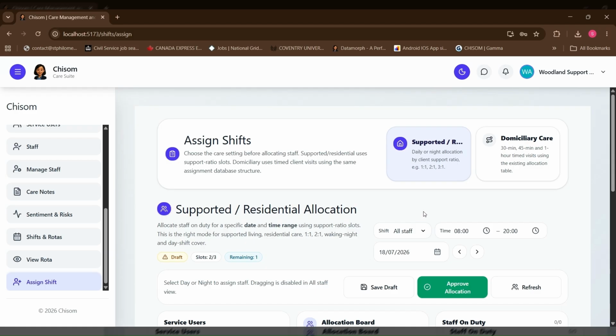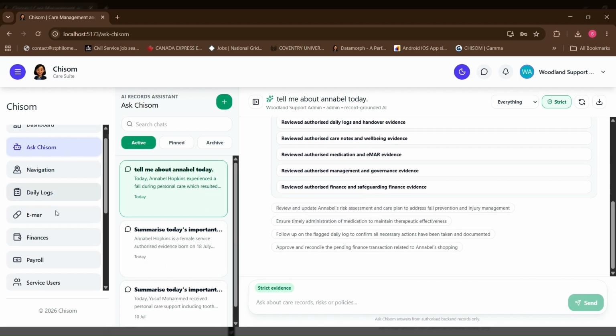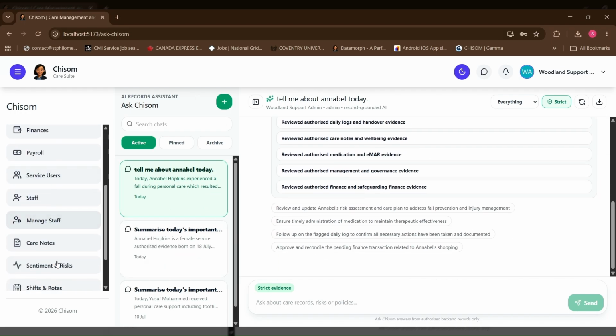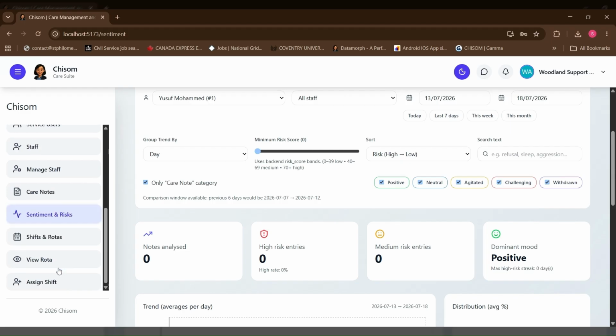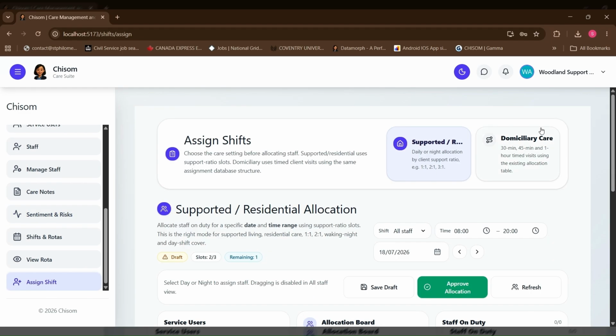Everything is done seamlessly. So with this said, we've talked about the three major innovations in Chisom: Ask Chisom, sentiment and risk, and the support ratio.